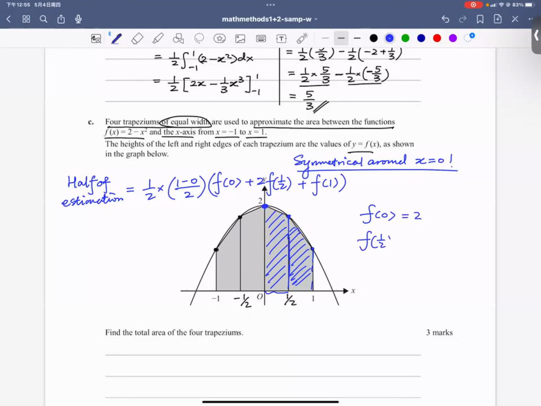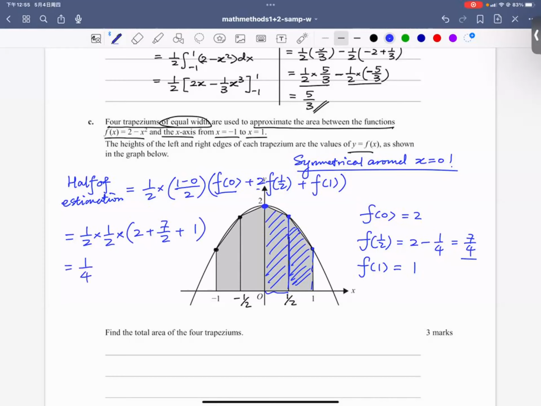F of half, simply speaking, is 2 minus half squared, which is a quarter. So this will be 7 over 4. And f of 1 is simply 2 minus 1, 1, okay? So that equals to half times half times f of naught. Well, that's 2 plus 2 lots of f half, so 7 over 2 plus 1, okay?